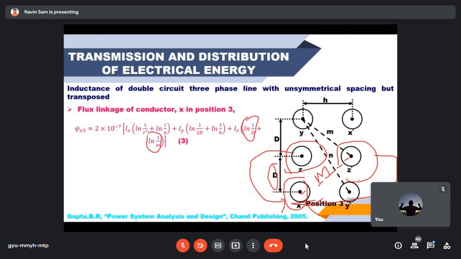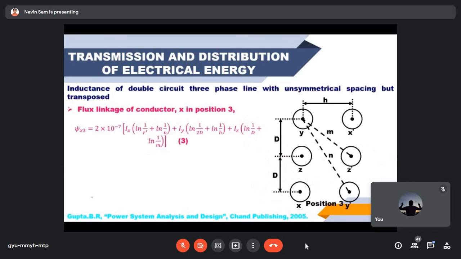Right, now we have evaluated the flux linkage at 3 different positions. That is, the long transmission line is transposed at regular intervals, and the conductor takes 3 different positions.